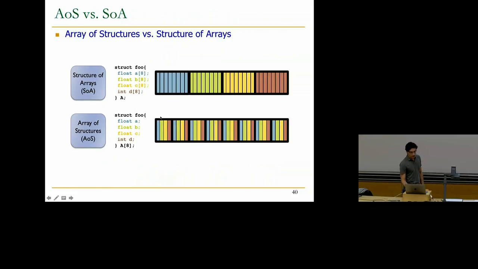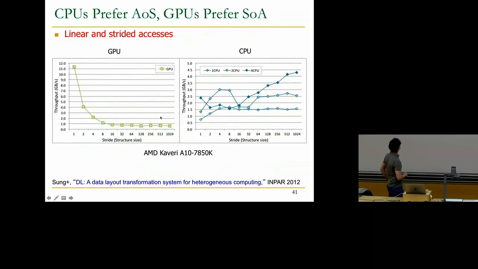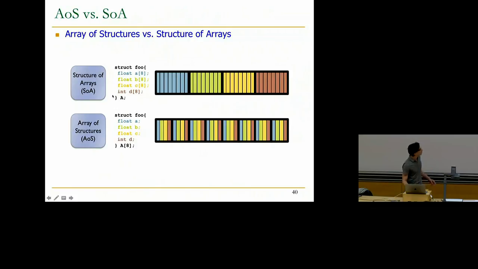And the interesting thing here, if you observe these 2 graphs, is that CPUs and GPUs have different preferences. For the GPU, you have many threads running in parallel, and these threads usually are going to execute exactly the same operation at the same time. So we have thread 0 in, let's say, 1 warp, where we have 32 threads.